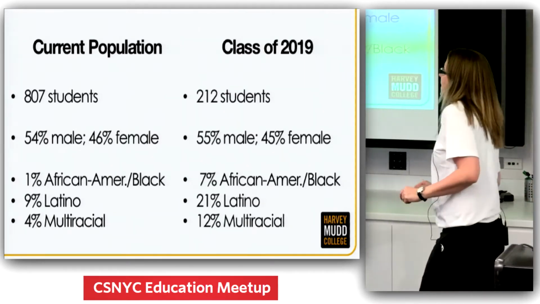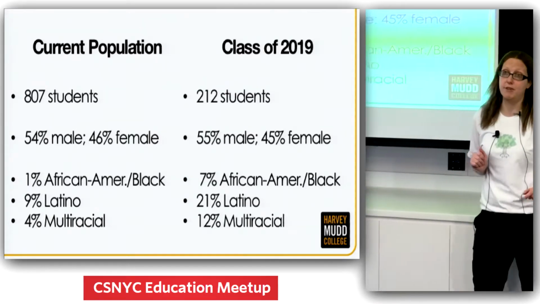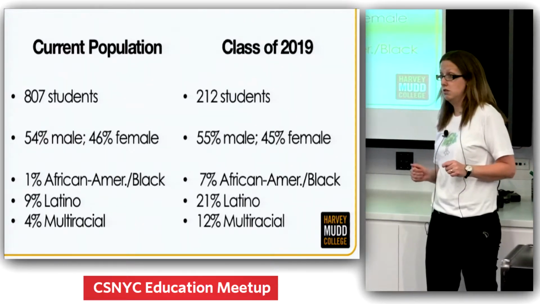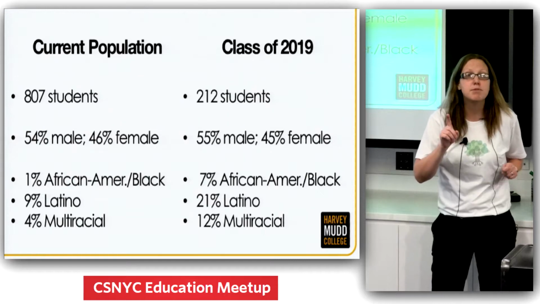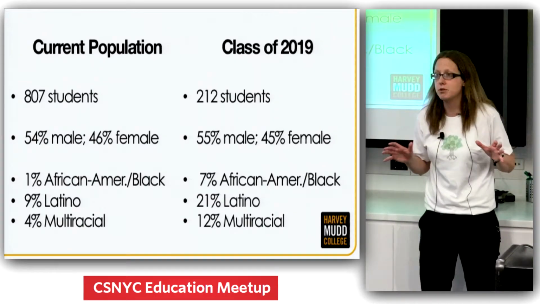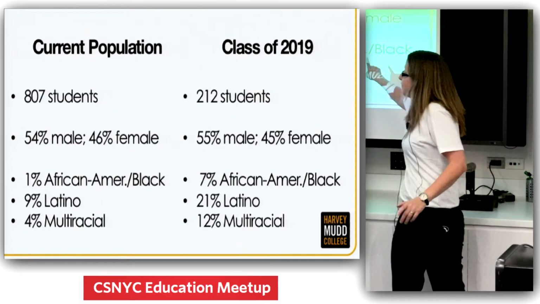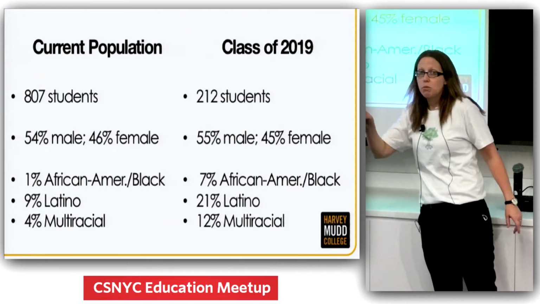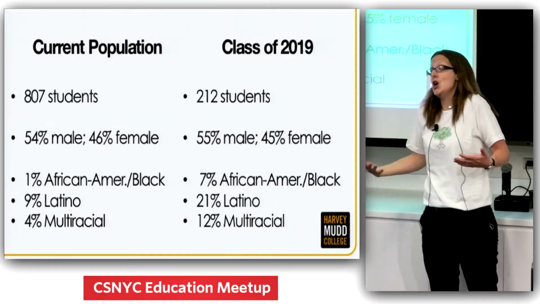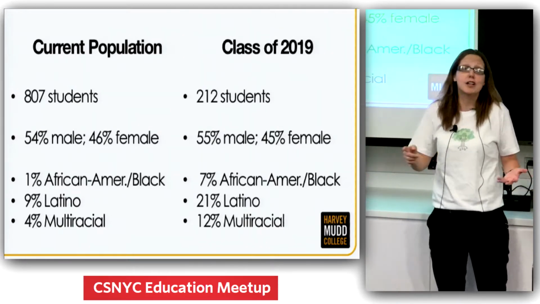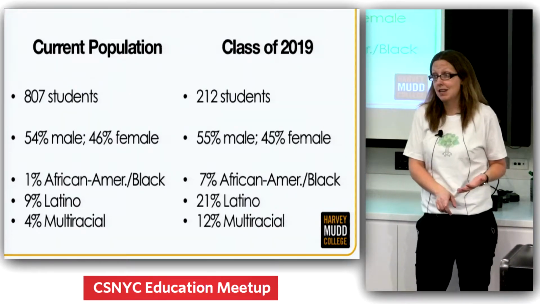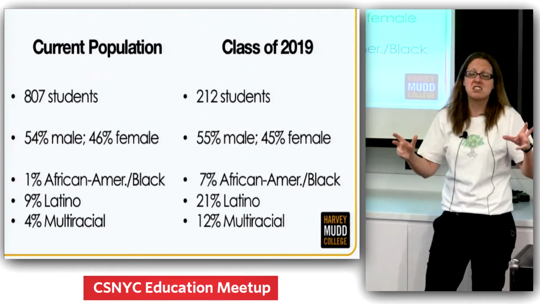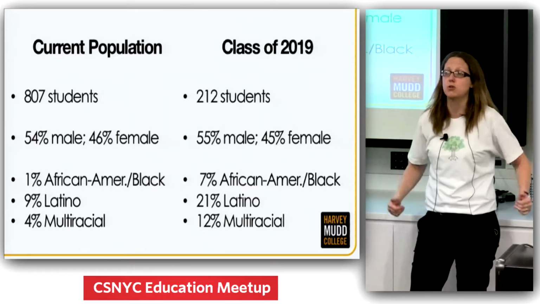Here's the class of 2019: 7% African American or Black, 21% Latino, 12% multiracial. Here's the beauty of Harvey Mudd. Here are the small numbers. This is 14 students. What we've done is started calling all of our students of color, all of our first generation college students, and anyone else who's underrepresented at academic institutions. As faculty members, we make a phone call.